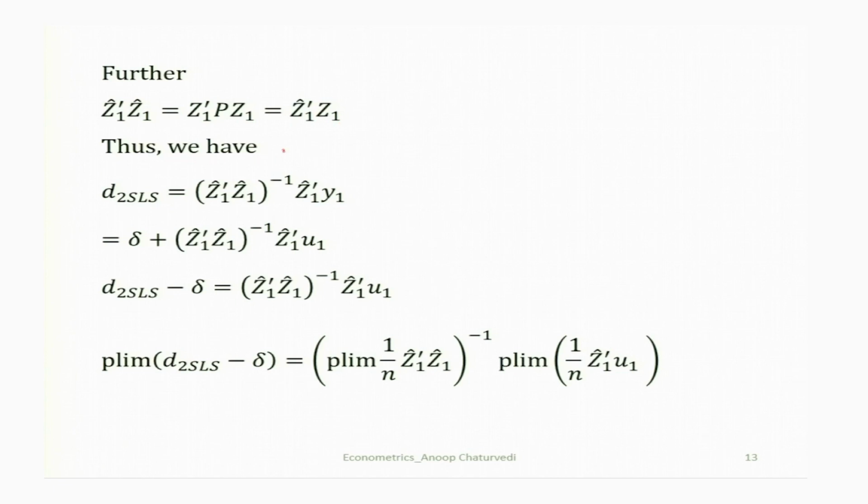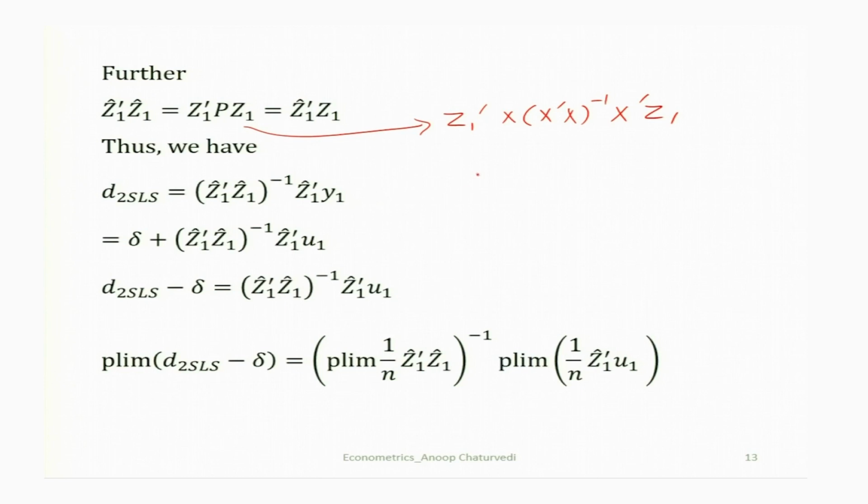Then the 2-stage least square estimator is (Z1 hat transpose Z1 hat) inverse Z1 hat transpose y1, because Z1 hat transpose Z1 hat is equal to Z1 transpose P Z1, which is equal to Z1 transpose X (X transpose X) inverse X transpose Z1. And similarly, you can write this expression. So, finally, this is the 2-stage least square estimator.